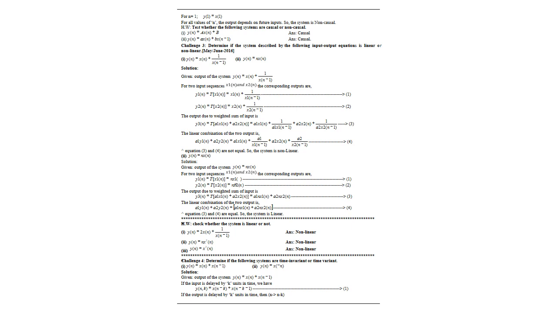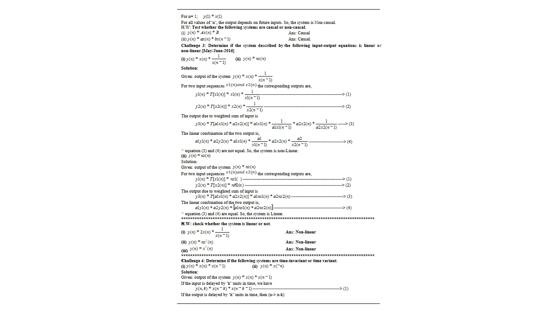Next is y of n equal to n x of n. Given the output of the system, we take two input sequences. y1 of n is equal to T of x1 of n, that is n x1 of n. Next, y2 of n is equal to T of x2 of n, that is n x2 of n. Now we take the output due to the weighted sum of inputs.